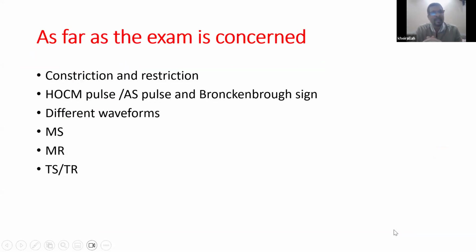طيب, as far as the exam is concerned, the most important hemodynamics you need to know about is constriction and restriction, in order of frequency, by the way, according to my experience in the exams. Constriction and restriction, tamponade, aortic stenosis, pulsus paradoxus, arterial waveform analysis, then MS, MR, TS, TR, and a few others. Okay?